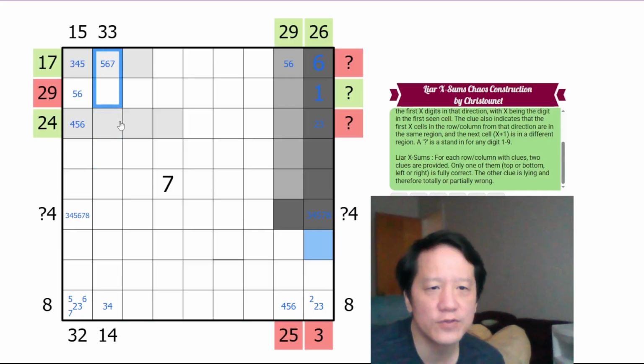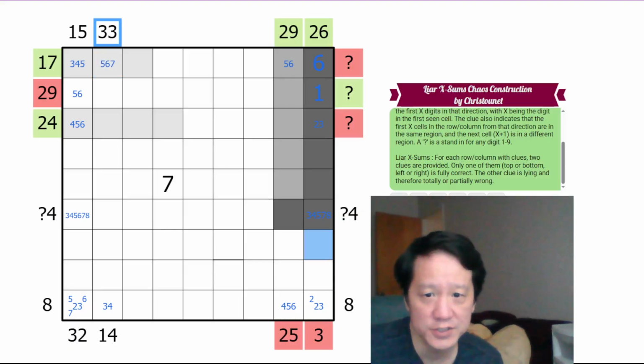If you have 33, that means this would be the same region. We have 1, 2, 3, 4, 5, 6, 7, 8, 9, 10. Yes. So this is invalid, which makes that valid. So these are part of the same region.